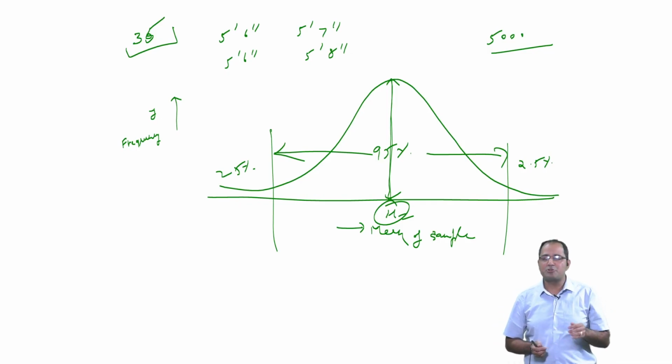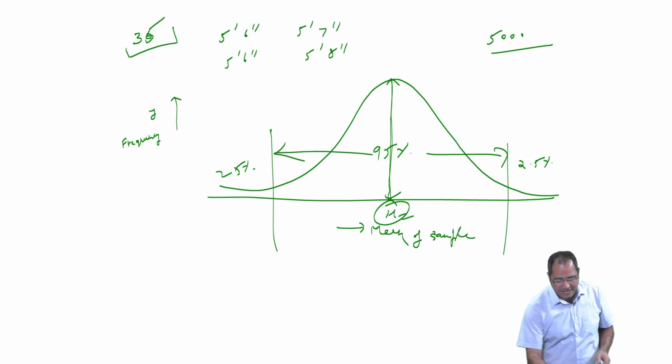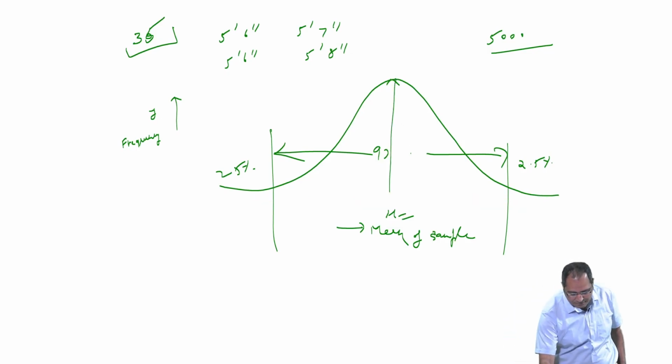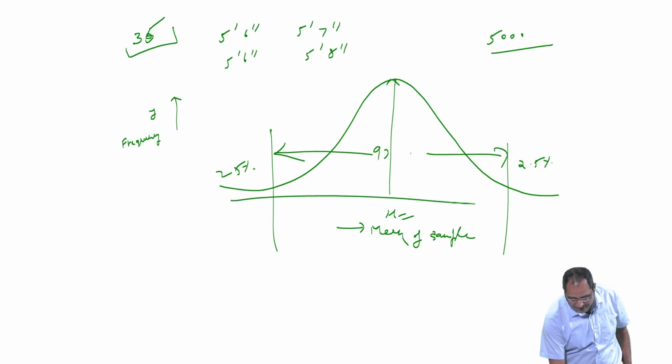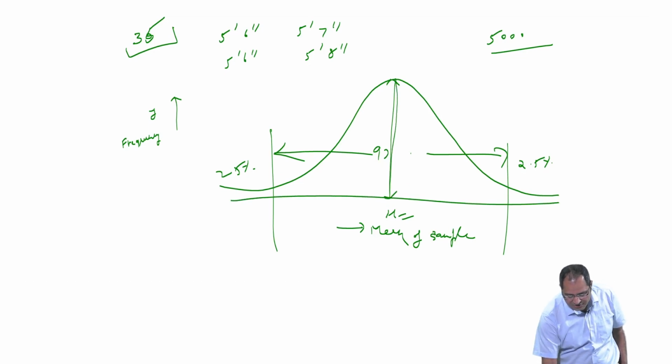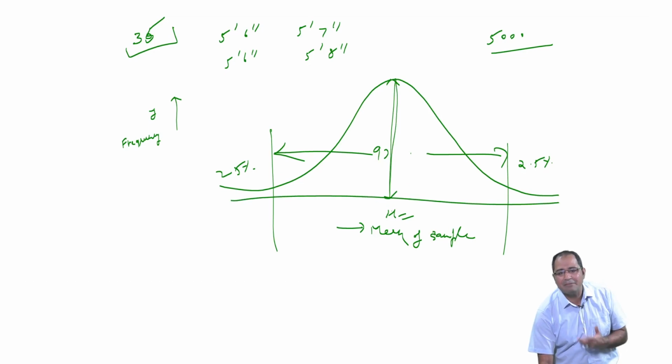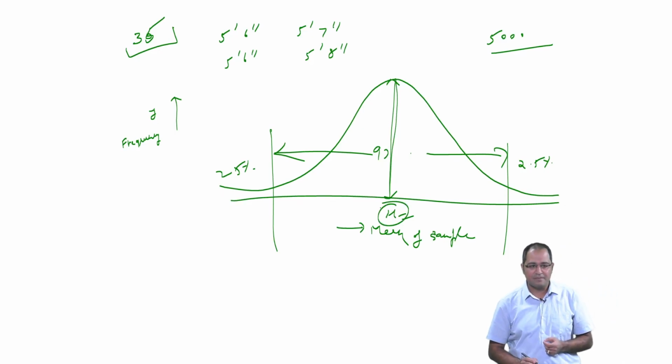In the sampling distribution, the y-axis is the frequency with which the mean in the sample is occurring. On the x-axis is the sample mean, and wherever I get the maximum frequency of means, the maximum number of times a particular mean occurs, that is called the population mean.